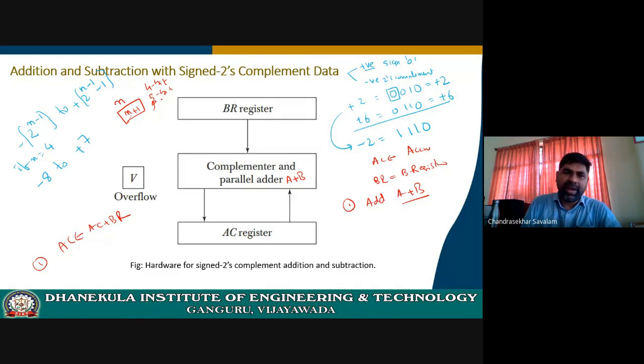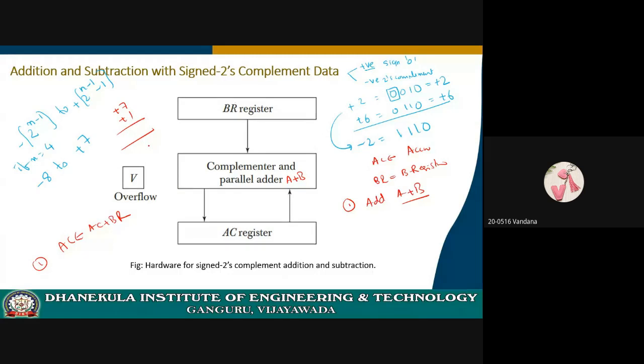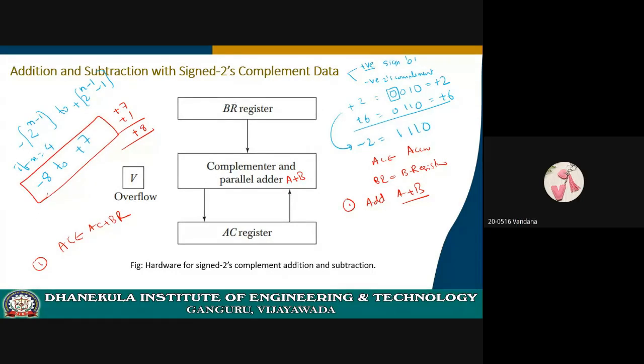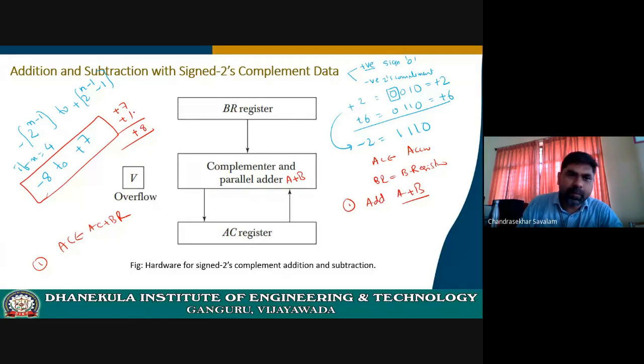So for example, students, in 2's complement, if you want to add plus 7 plus 1, what is the result? Plus 8. But can plus 8 be represented in this 4-bit representation? See, plus 7 is there in this representation because if n is equal to 4, the range of numbers is from minus 8 to plus 7.